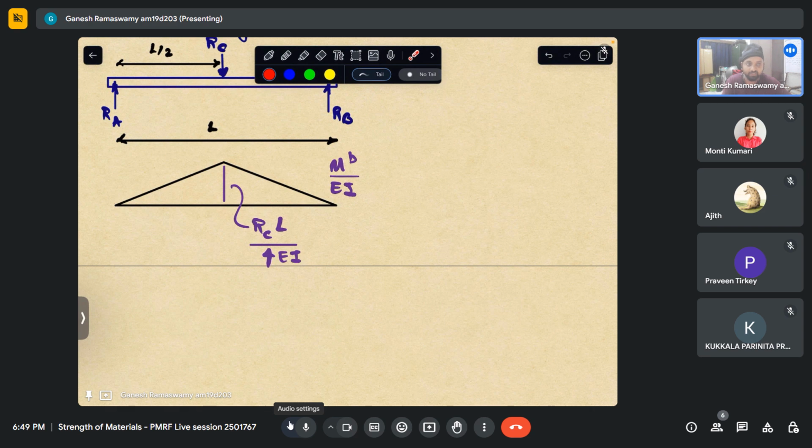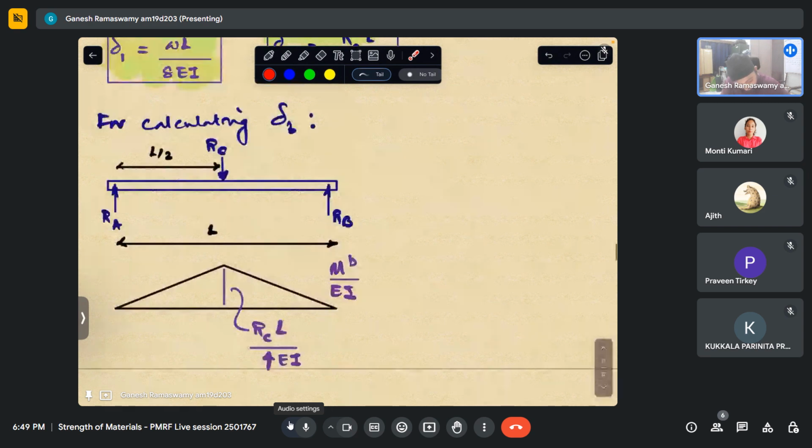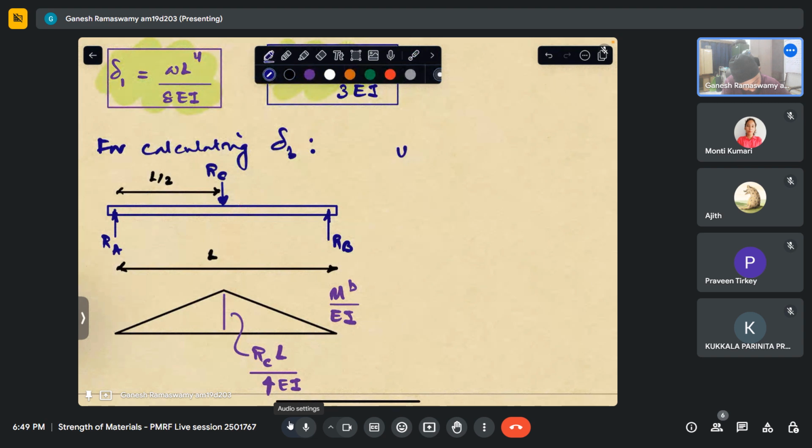So using the moment area method, in fact, I've already written this. Why don't I take it from there? In the interest of time.